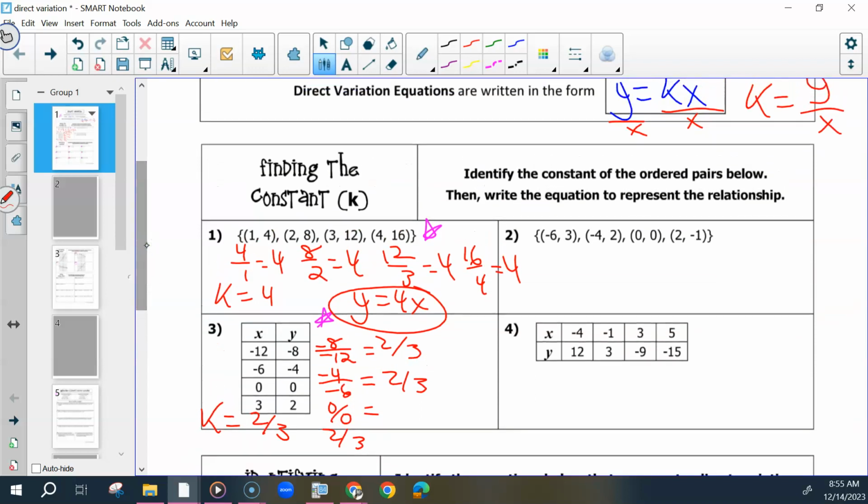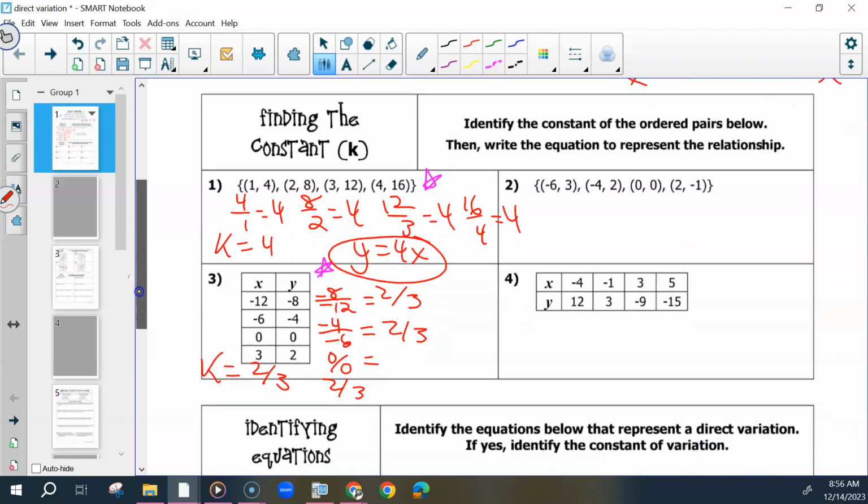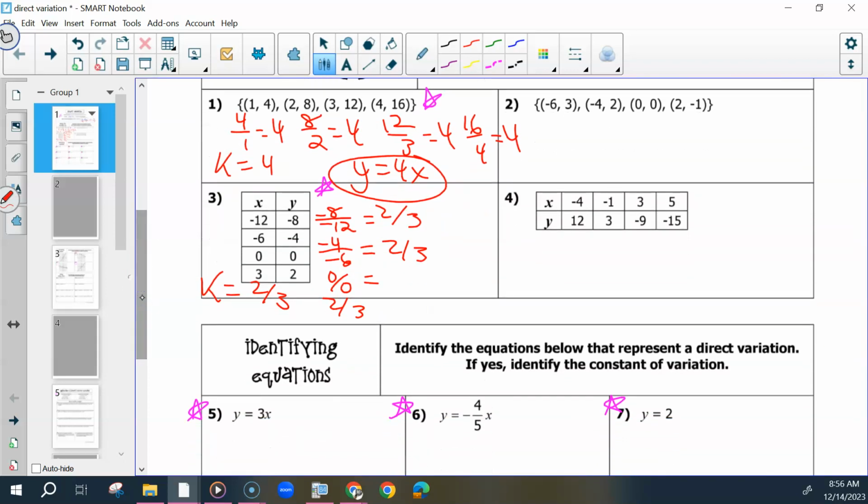One other way you would know that 0, 0 works is if this is like our slope-intercept form, what would our y-intercept be? So if you see 0, 0, that means it is direct. So our equation would then be y equals 2/3 x.